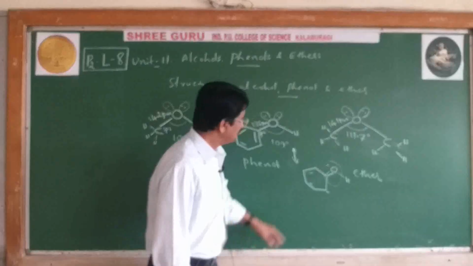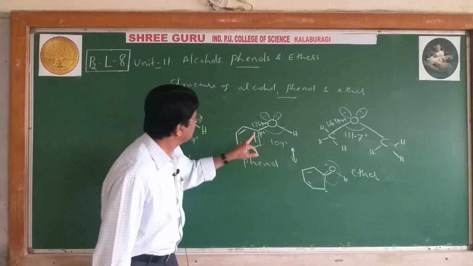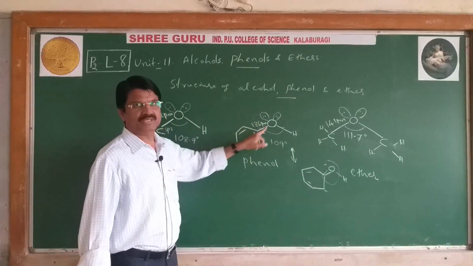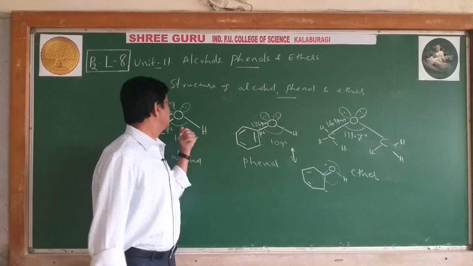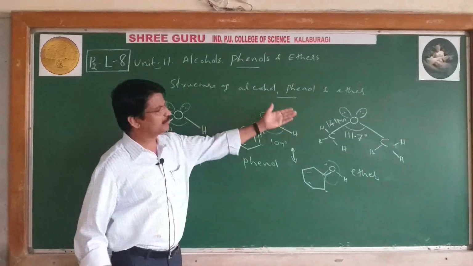That's why bond length in phenols is less. C-O bond length in phenol is less than in alcohol or ether.